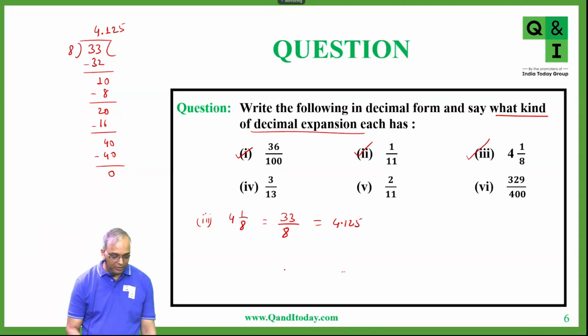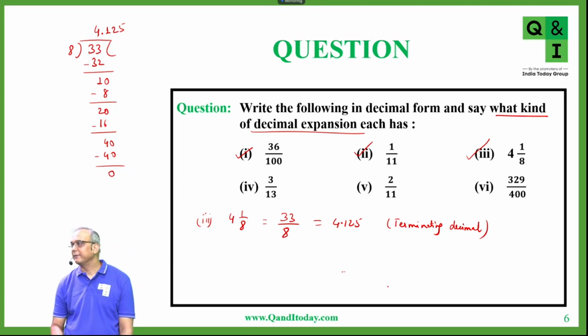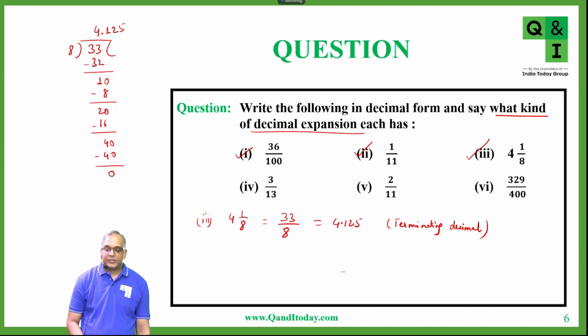And 4.125 is basically a terminating decimal because it finally comes to a stop, and that's why terminating decimal. Is the third part also clear to you, students?